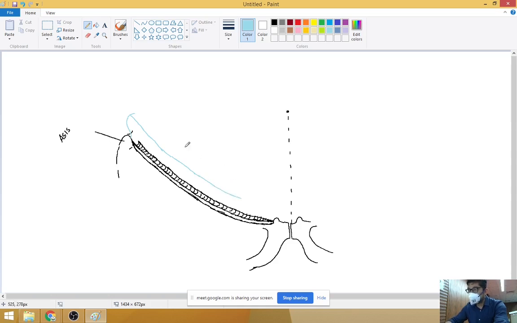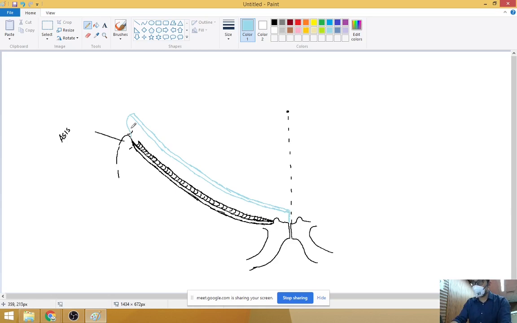Laterally it is a muscle, as it comes medially it becomes an aponeurosis here, like this.